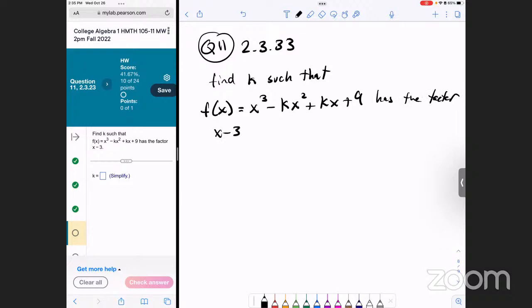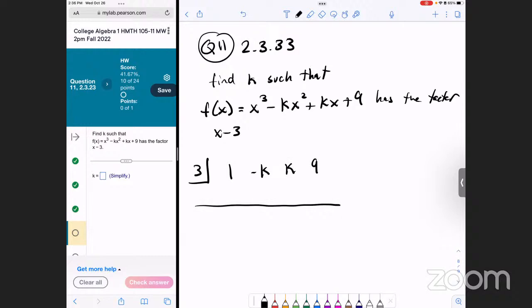So if x minus 3 is our factor, when we do synthetic division, the remainder should be 0, okay? So into our chair goes 3. So then we take our coefficients. Let me see. 1, 2, 3, 4, okay? So our coefficients are going to be 1, negative k, k, and 9. We're essentially just doing the same thing, just adjusting for the changes.